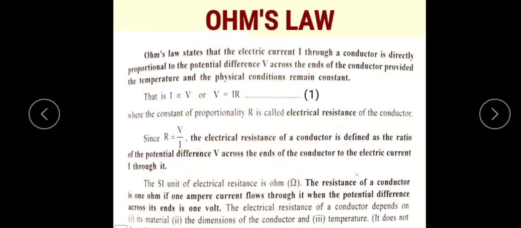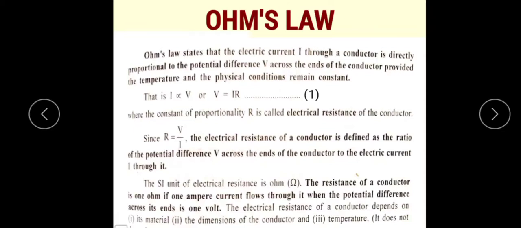The second factor is the dimension of the conductor; the resistance also depends on dimension. That will be explained in the next concept. And the third factor is the temperature.